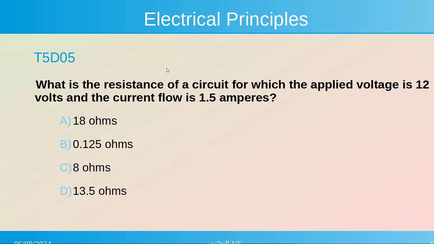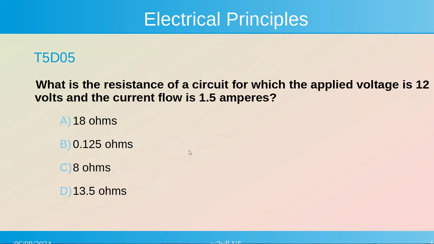What is the resistance of a circuit for which the applied voltage is 12 volts and the current is 1.5 amps? The arithmetic's getting harder, got a decimal point in there. It'd be 12 divided by 1.5 amps.